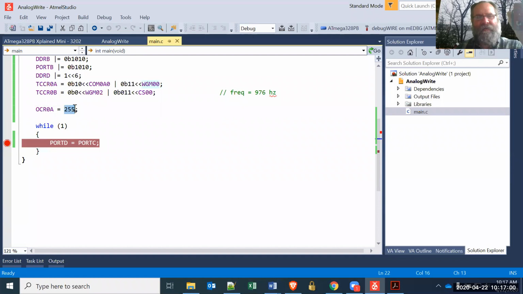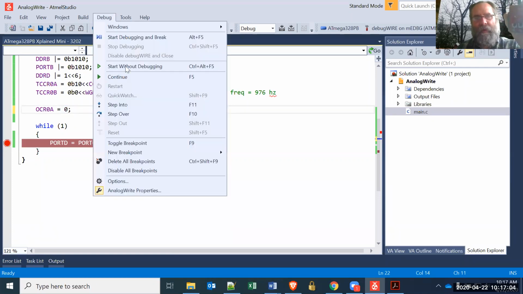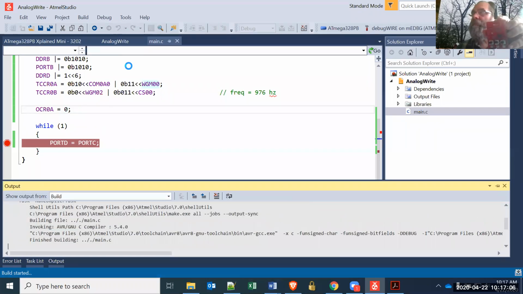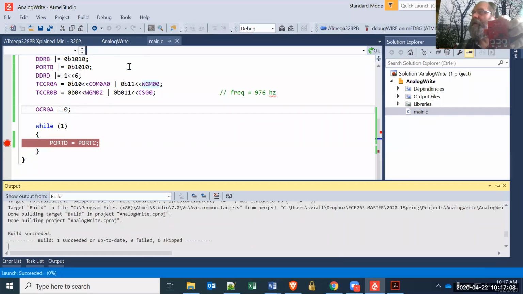And if I make this 0 and I run it, okay, that's full brightness. So 0 is 0% duty cycle, which means the pin is 0 all the time, and full brightness. All right, so that's how I would control the red LED.